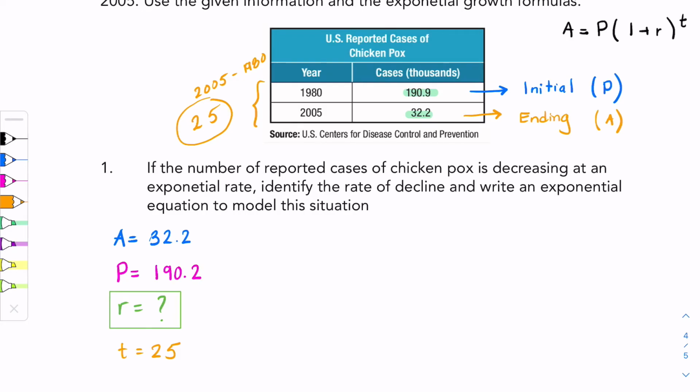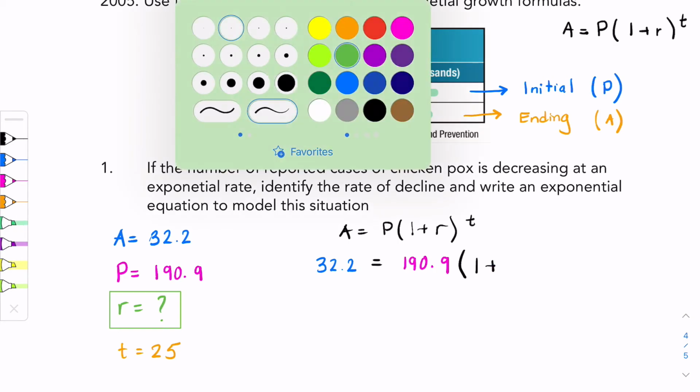to the end of 2005. So if we take these values and we substitute them into the equation of P multiplied by 1 plus the rate raised to the power of t, we would substitute this in as 32.2 is equal to 190.9 actually, times 1 plus the rate, which we don't know.